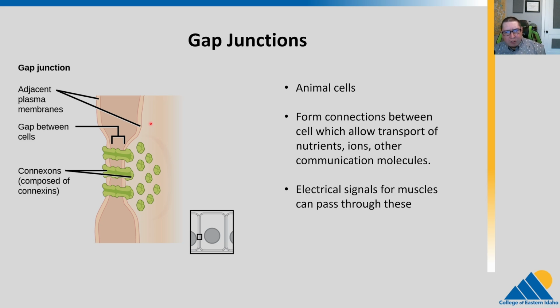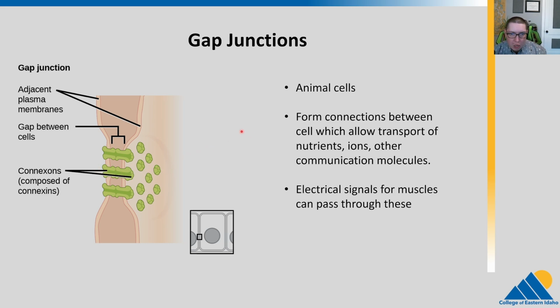There are other cases when, like in plant cells, we want to move stuff directly from one cell to another. In animals, this occurs through what we call gap junctions. Gap junctions are a joint that occurs where we have proteins called connexins that form basically a tube between the two cells.